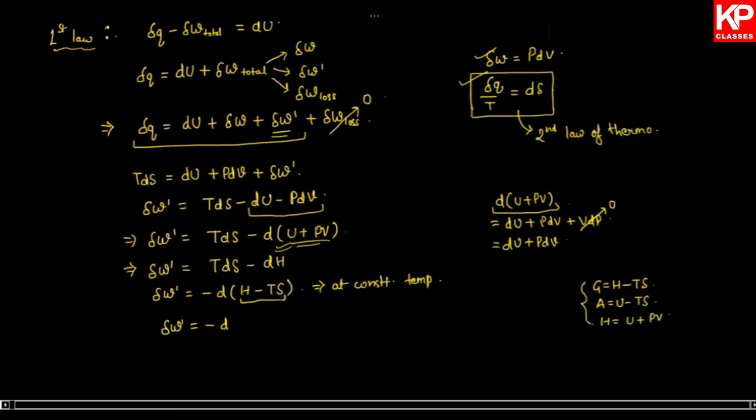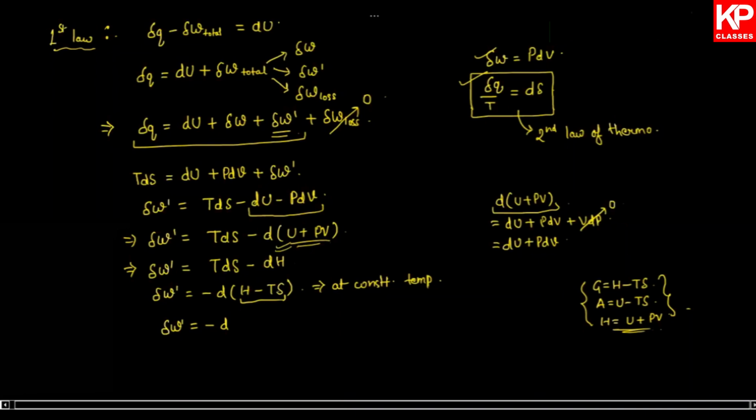I hope everyone is familiar with these three, four equations, right? Because these are the basic equations that you have to learn, because based upon these expressions we will be deriving the Maxwell relations. So it is important you note down these expressions, and then we can move ahead.